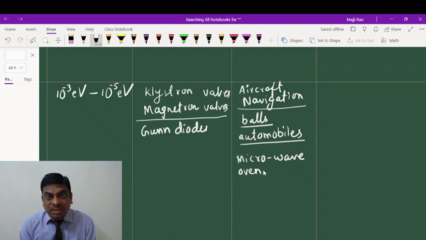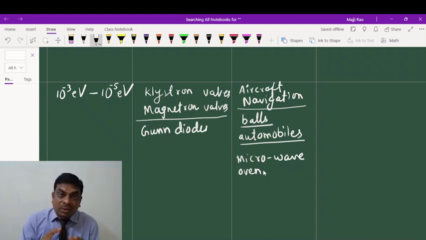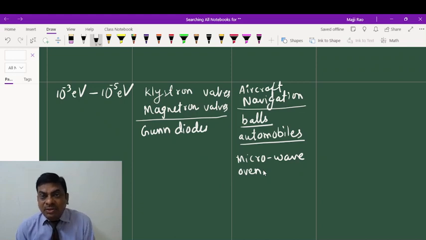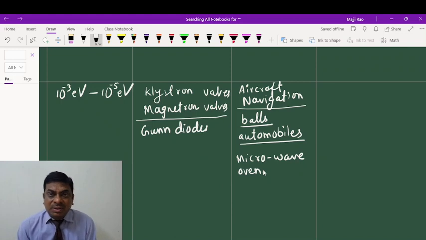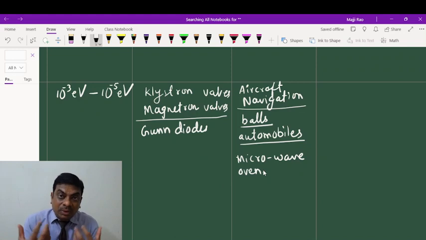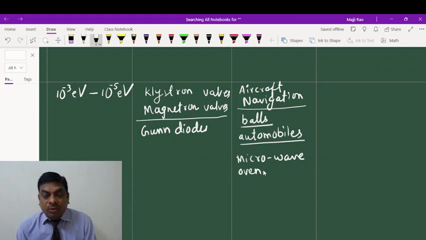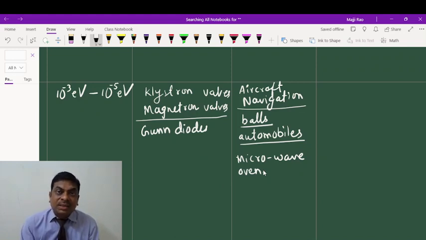They keep rotating with this speed, and the approximate frequency of these microwaves is also around a few gigahertz. So when food containing water is irradiated with microwaves, the water molecules are easily able to absorb those microwave quanta and hence get heated up, which in turn heat the neighboring food molecules.